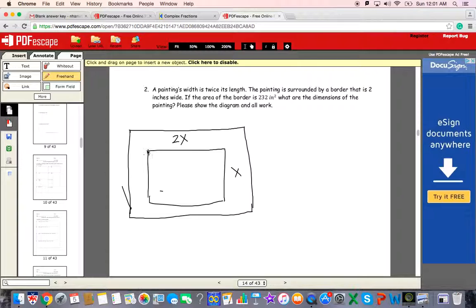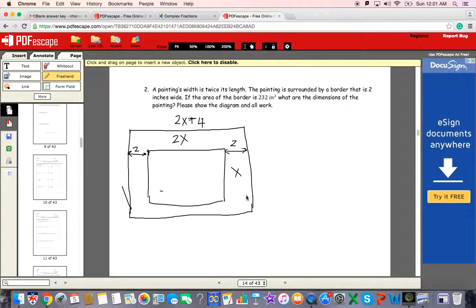So if this is 2x from here to here, and that is x, and the border is 2 inches, so from here to here is 2, and also from here to here is 2. That means that's 2x plus 2 plus 2. So the length here is 2x plus 4.